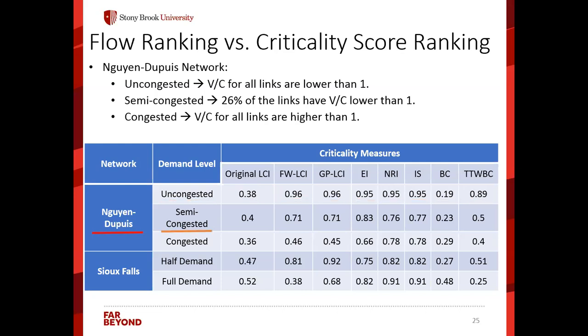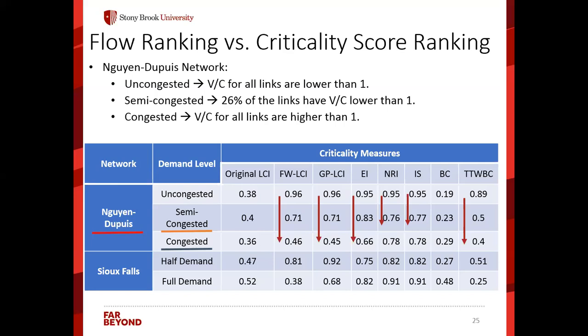And for semi-congested and congested networks, there is a decrease in correlation. So as the network gets more congested, at least for Frank-Wolfe LCI and GP LCI, the correlation with the flows gets lower. When it's uncongested, there's a higher correlation with the flow. When it gets more congested, there's a lower correlation with the flow. This is almost the same for all the others.